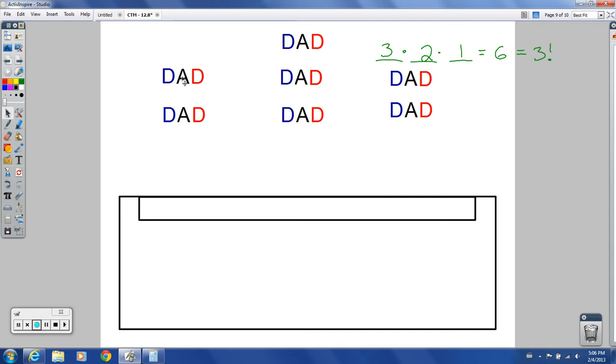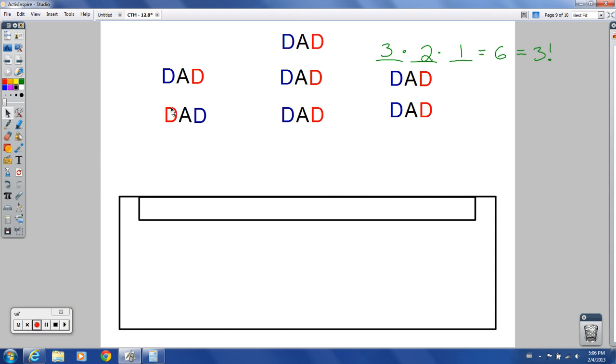So this is one way to do it. D-A-D, dad. I could flip-flop these around. So D, D-A. I could put like that too. Actually, I just thought of a good idea. I'm going to flip-flop the blue and the red.